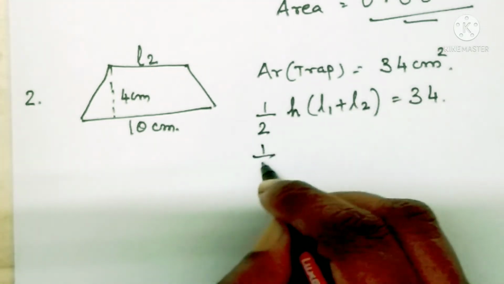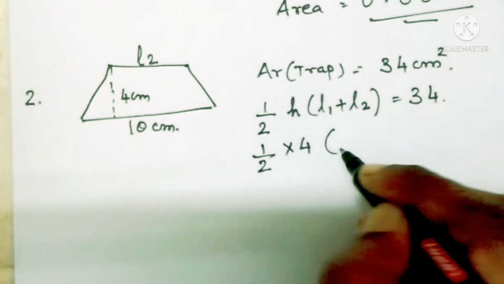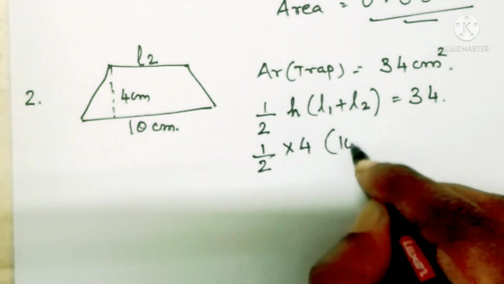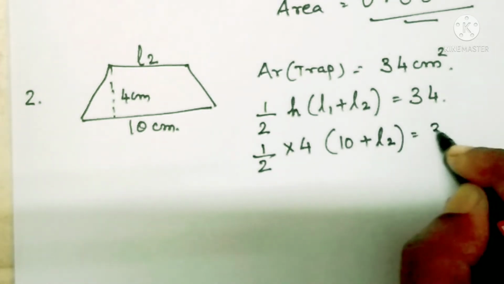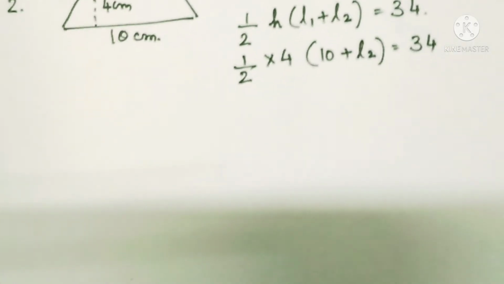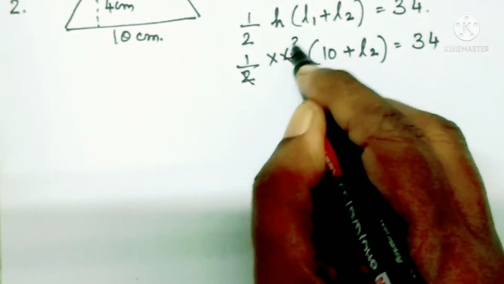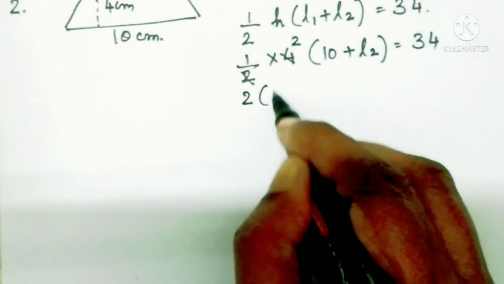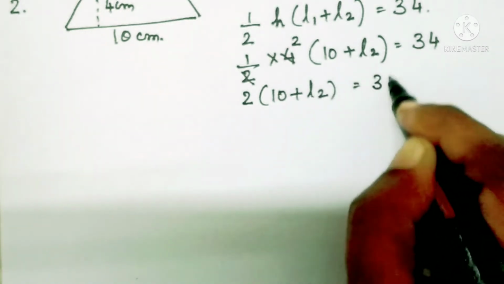Here h is already given, half into 4 centimeter into L1 is given as 10 centimeter plus L2 is equal to 34. Now here whatever values you know you have substituted. Now when you do here cancellation, 2 into 10 plus L2 is equal to 34.